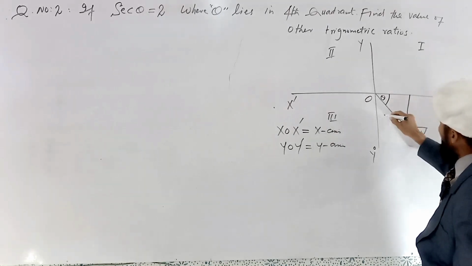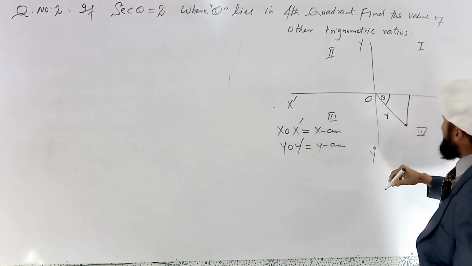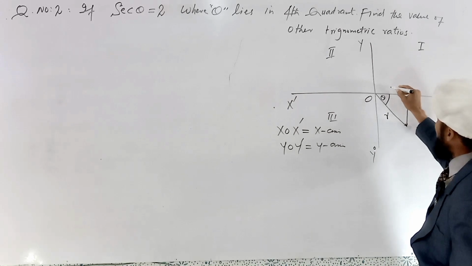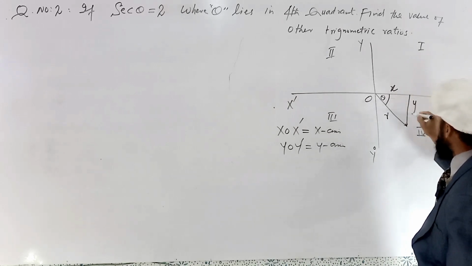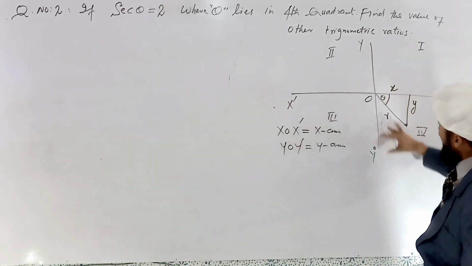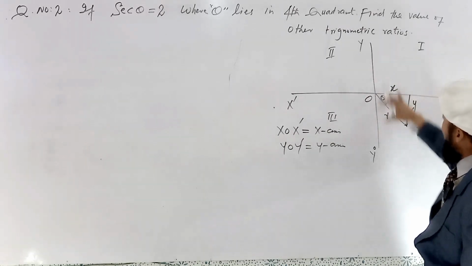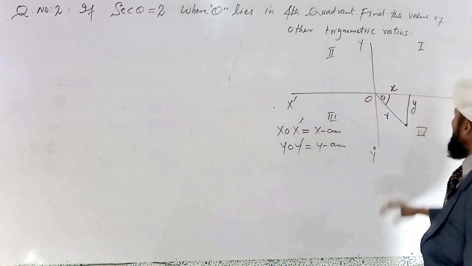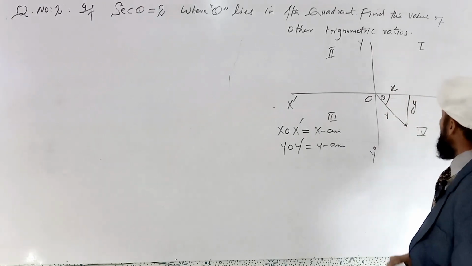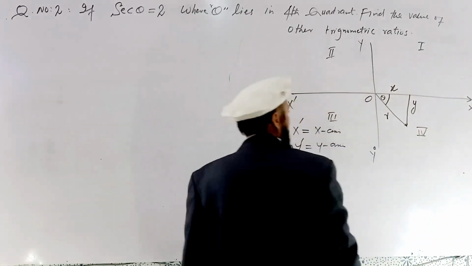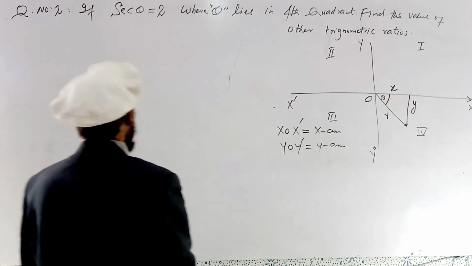So this one is the radius, the hypotenuse, and the base is x, and y is represented by this line parallel to the y axis. x is the base and y is the perpendicular, and r is called the hypotenuse or radius.